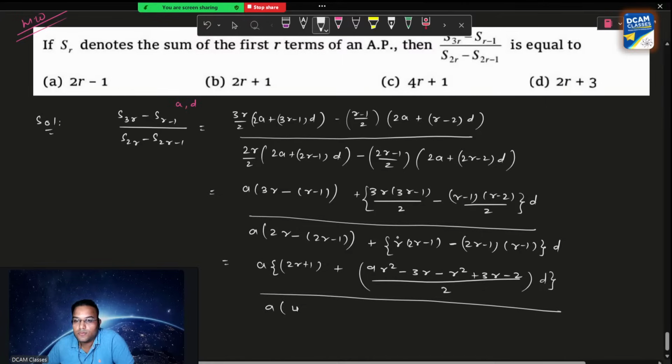A into, 2R will get cancelled, only A will remain.